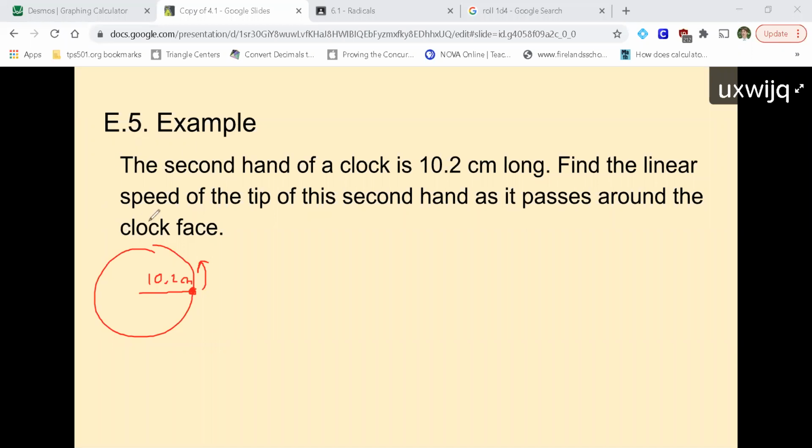What will help you stay organized and able to solve these is to write your givens first. We are given that the radius is 10.2.